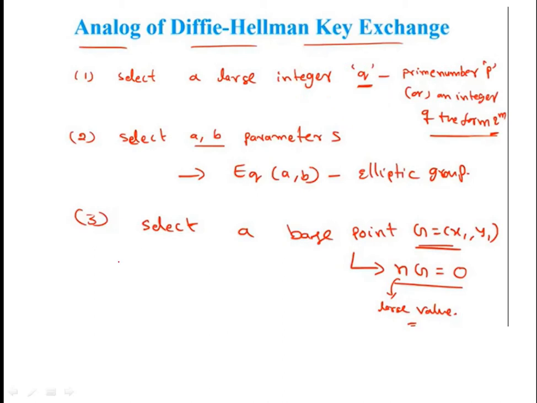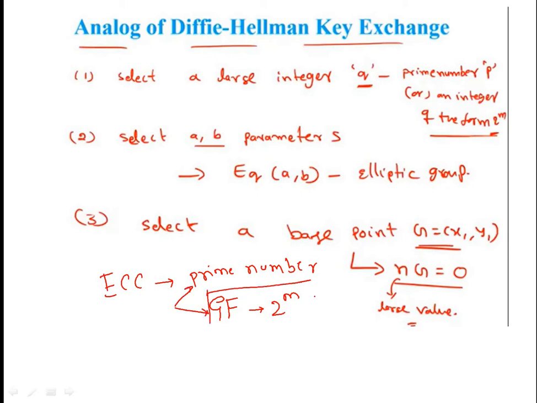We know that in elliptical curve cryptography, we can work with prime numbers, or we can also use GF, which is of the form 2 to the power m. So here we are taking a large integer q, which may be a prime number or of the form GF, that is 2 to the power m.